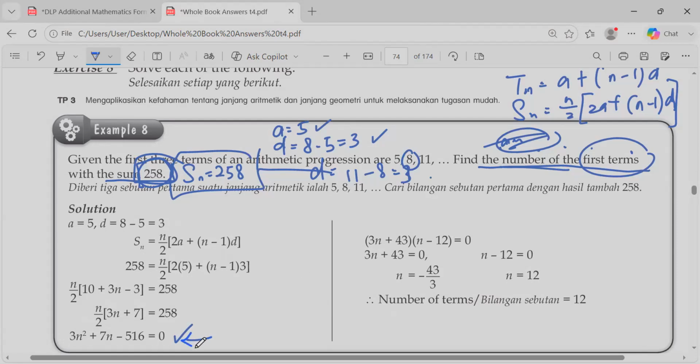Make sure here will be the simplest form, and here must be positive. Then you will get 2 answers, but for n we only need the positive. n must be greater than 0. Then I get 12. So S12 equals 258.